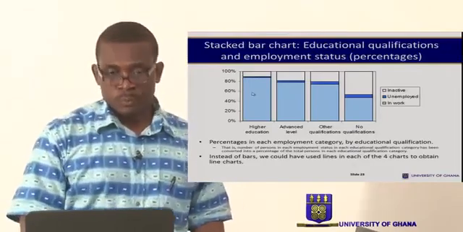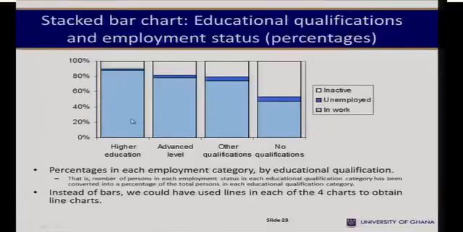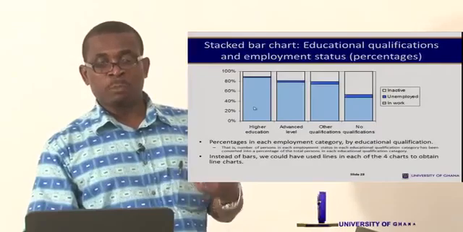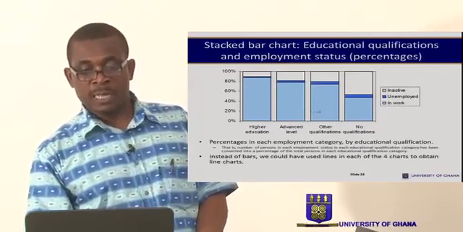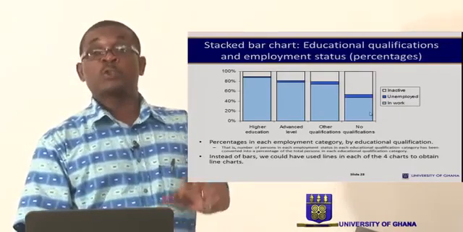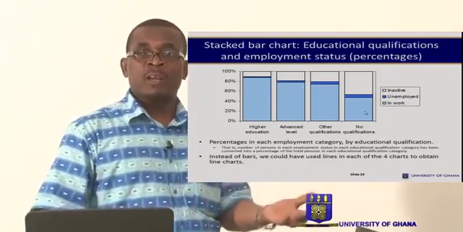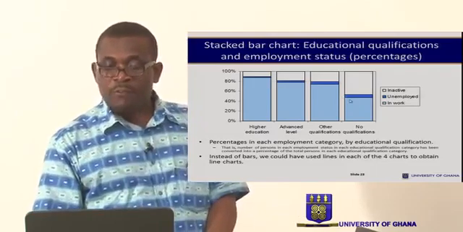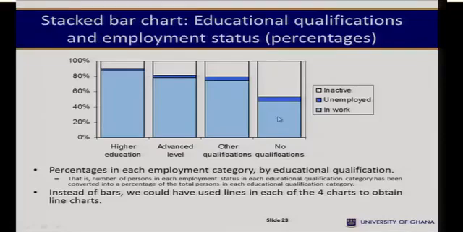Now this is more meaningful because at a glance, what this graph is telling you is that those who have higher education seem to be more employed. In other words, the majority of those who have higher education tend to be employed compared to those with advanced level, other qualification, and no qualification. What it means to you as a student is that there are brighter prospects for obtaining a job from having higher education, because only about 50% of those without qualification, let's say no education at all, are working.